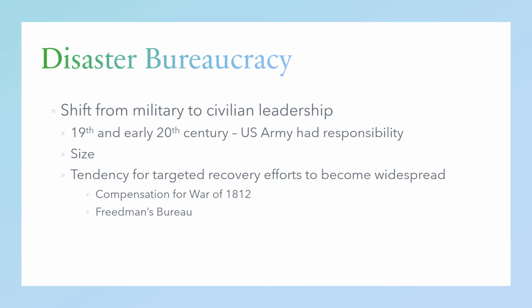It had all those things that were not that prevalent in the public sector at the time and within government itself. But the Army, they had to move troops. They had to have resources available. So up until the early part of the 20th century, the Army had responsibility for things.